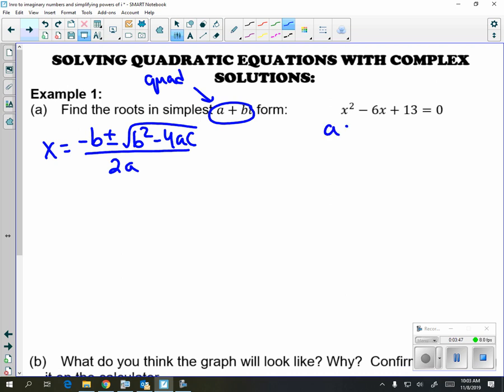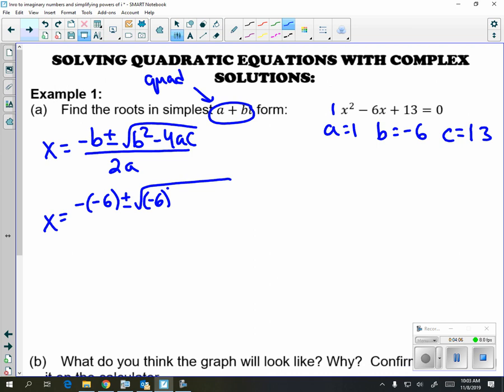Your a value is 1, b is -6, and c is equal to 13. So we're going to plug that in because it's already set equal to 0 for us. And you get x is equal to -6 plus or minus the square root of (-6) squared minus 4 times a, which is 1, and c is 13, all over 2 times 1.